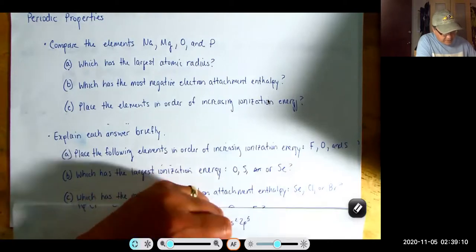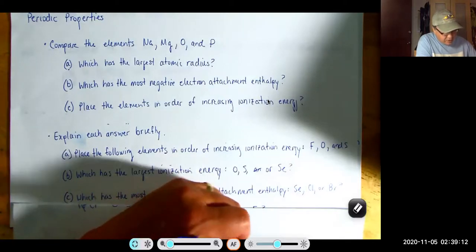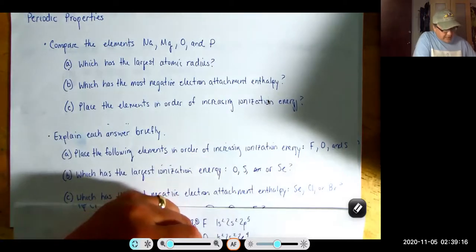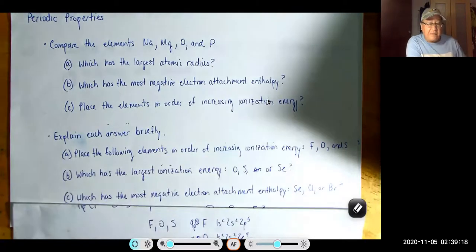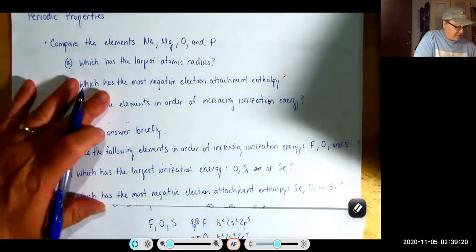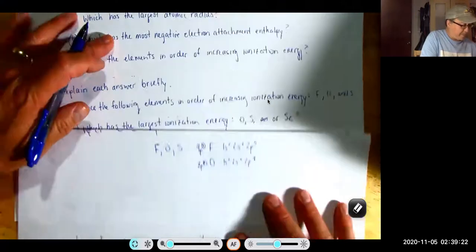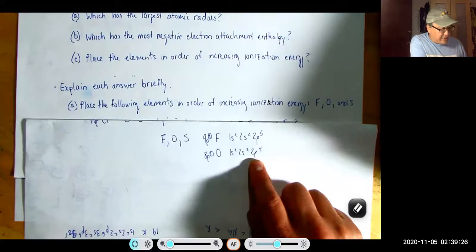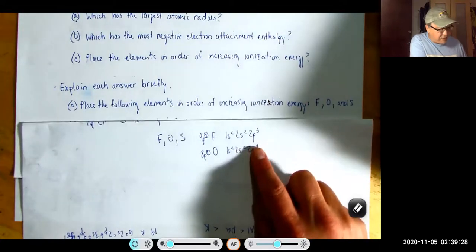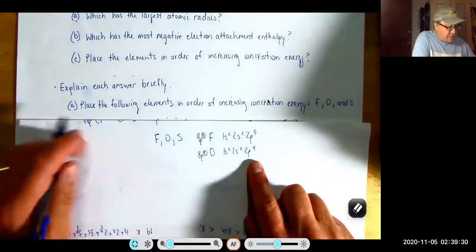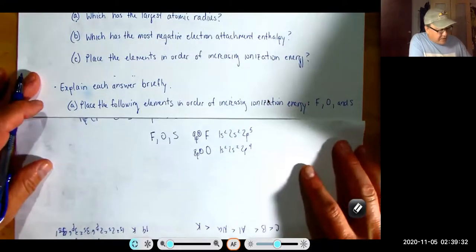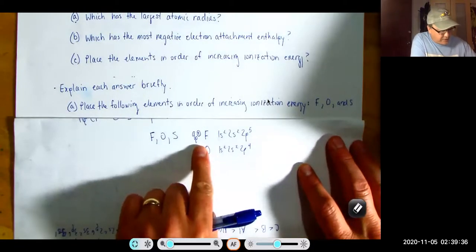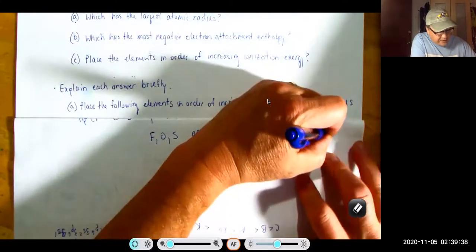Oxygen, we're talking about 1s2, 2s2, 2p4 with 8 protons. And here you're taking away a paired, and here you're taking away a paired. So paired versus paired doesn't matter. So you got to say that fluorine's going to be harder to take away from because it's got 9 protons. So fluorine is bigger than oxygen.